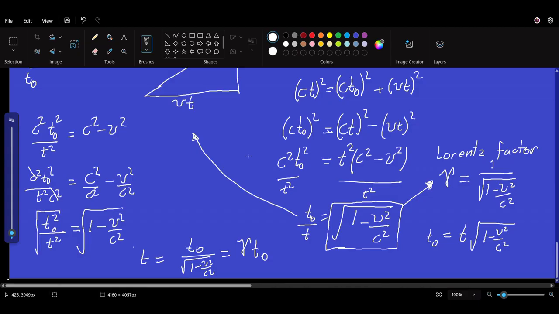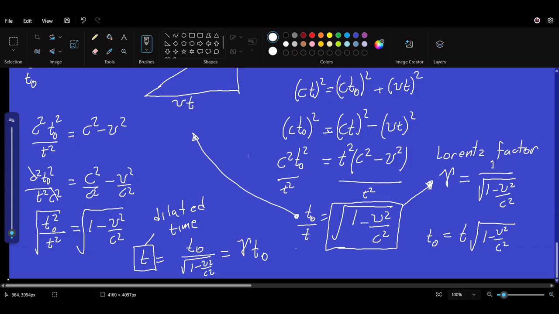So the dilated time will appear to be longer. The dilated time will be longer, as the word tells us, dilated. It will be longer than the proper time. And this is important in special relativity.